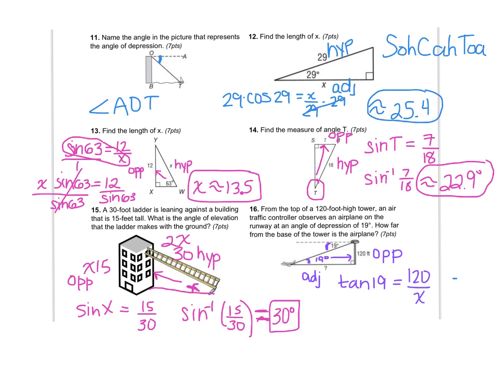We're going to manipulate this like how we did on question number 13. So x is equal to 120 divided by tangent of 19. And when you plug that into your calculator, you're going to get about 348.5 feet.